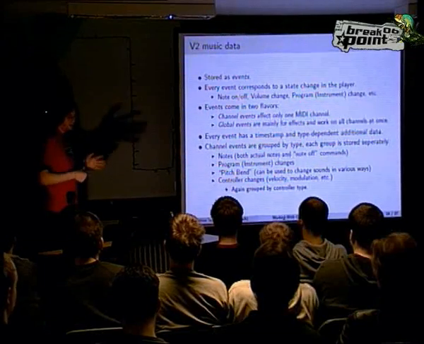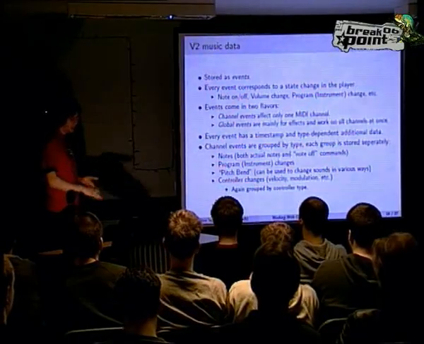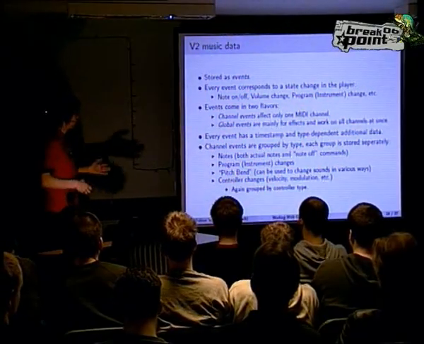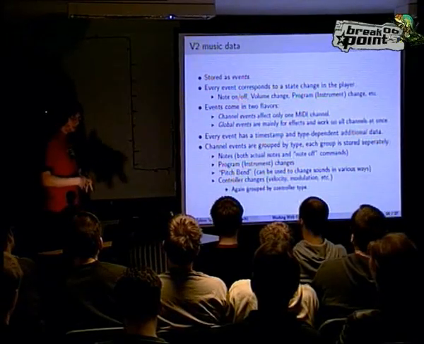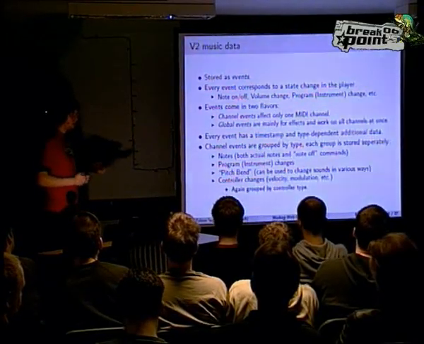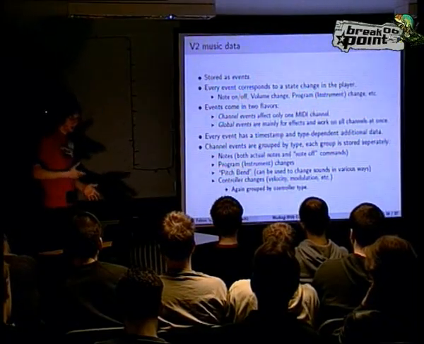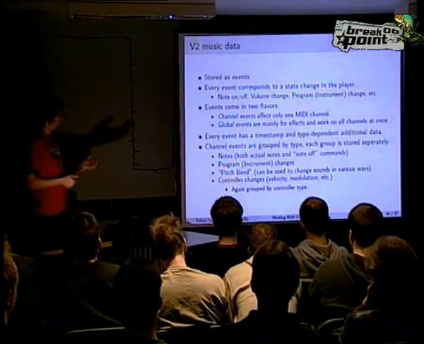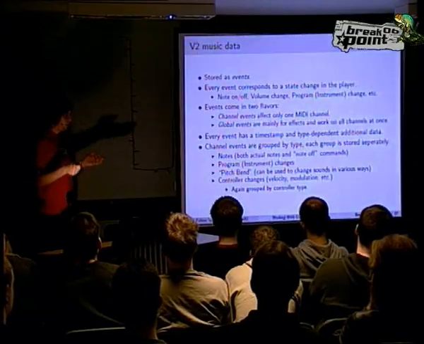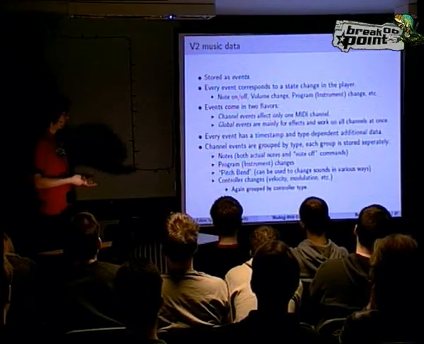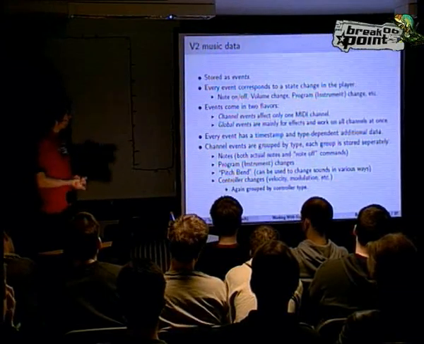And these channel events are grouped by their type, and each of these groups is stored separately. There are notes, both actual notes and note off commands, so just play a C5 and that kind of thing. There are so-called program changes, which just change the instrument currently being used in a certain channel. There's pitch bend, which is again just MIDI terminology. It's just a value you can use in your sound to change the way something sounds.